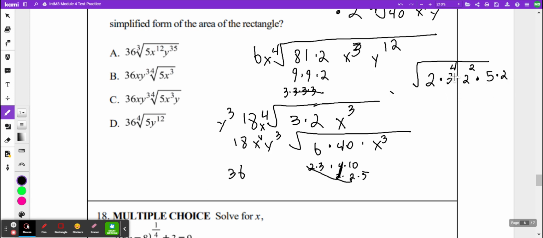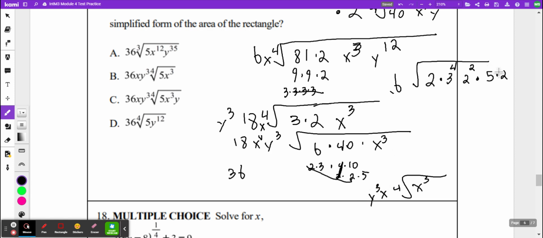If I actually go back, the numbers inside should be the following. So I should have a 6. I should still have x to the third inside, and I should still have x on the outside with the y cubed. But then this part happens.